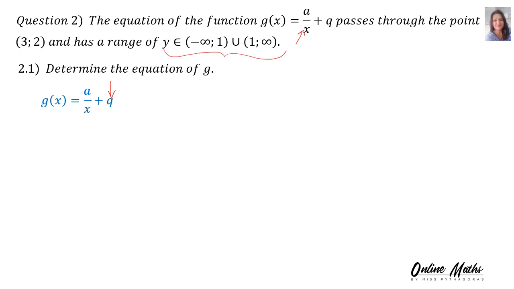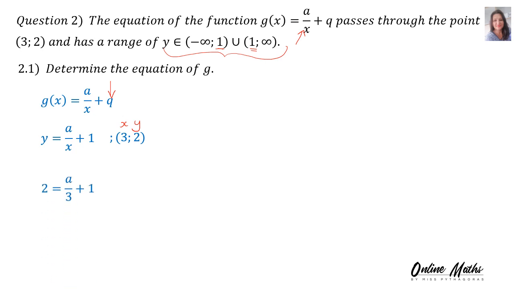The fact that this is the range and they tell you it stops at 1 and then it continues after 1. That is q's value. That is the horizontal asymptote, 1 in q's place. And then there's this other point that they gave us consisting of an x and a y to find the value of a.